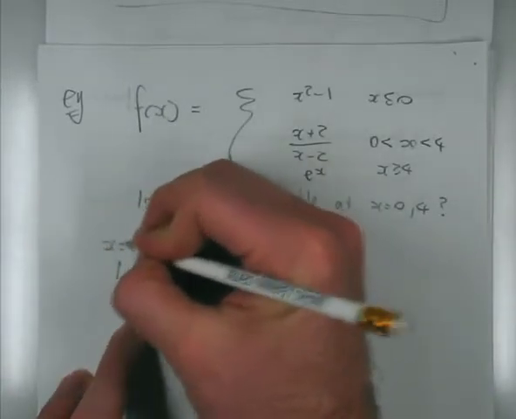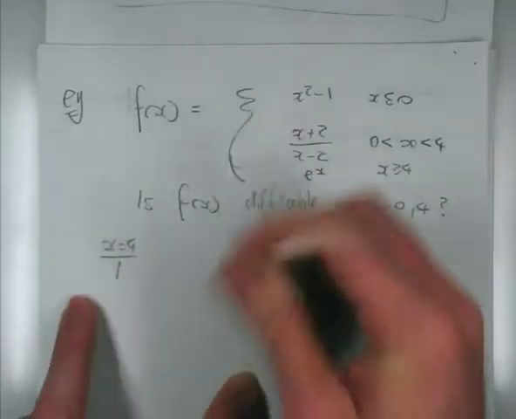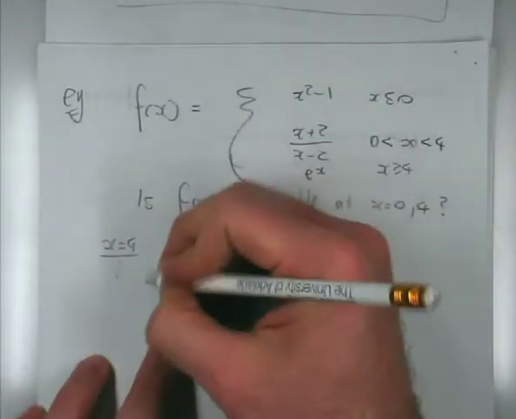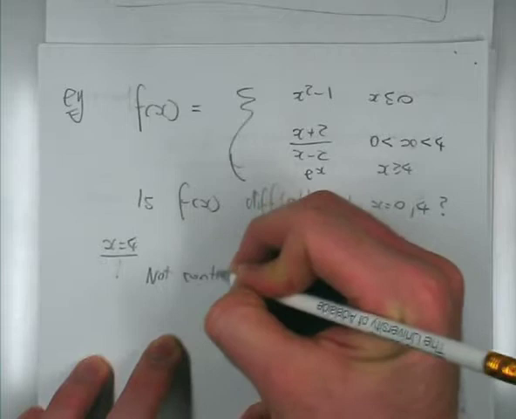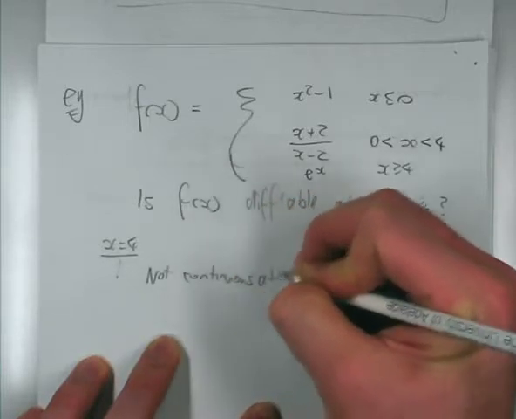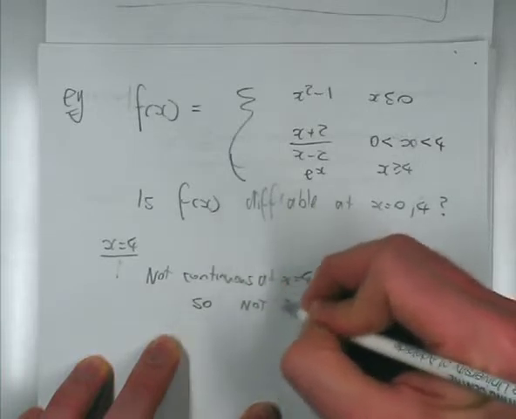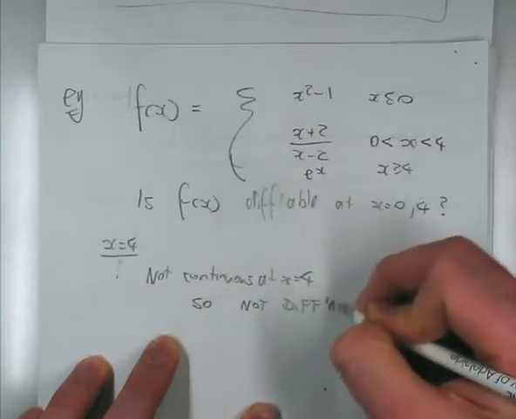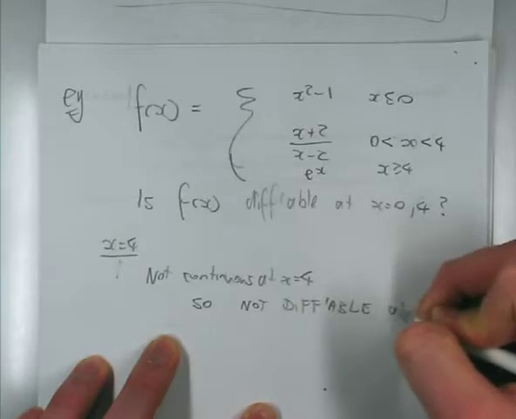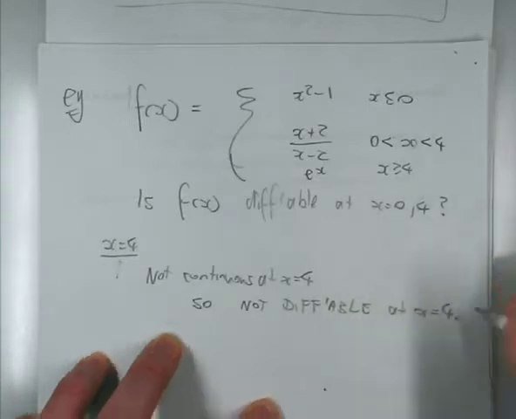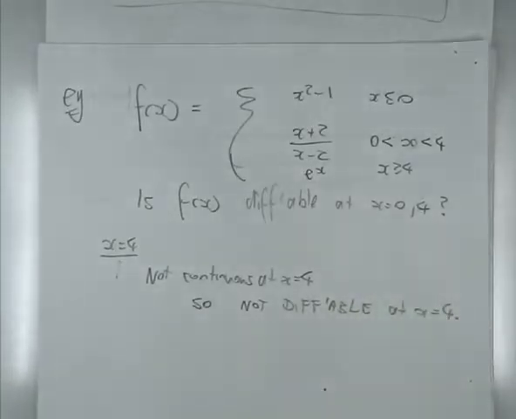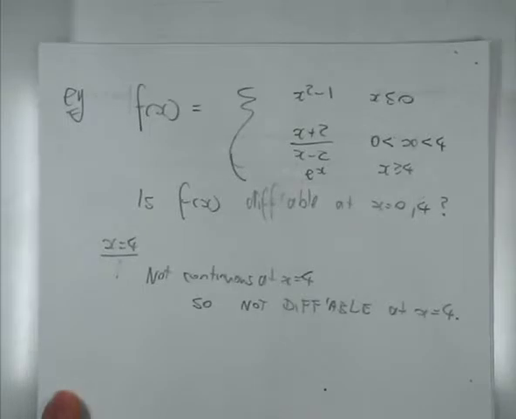So we'll do x equals 4 first. It wasn't continuous at x equals 4, so it's not differentiable at x equals 4. And we can just stop. No need to do any more.